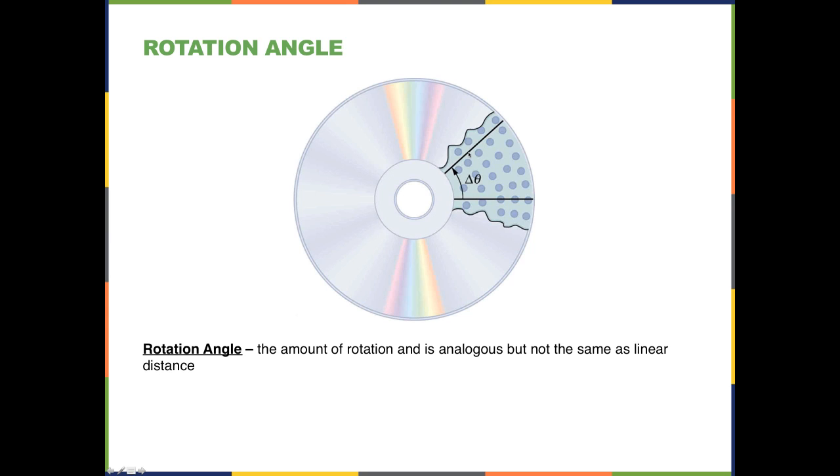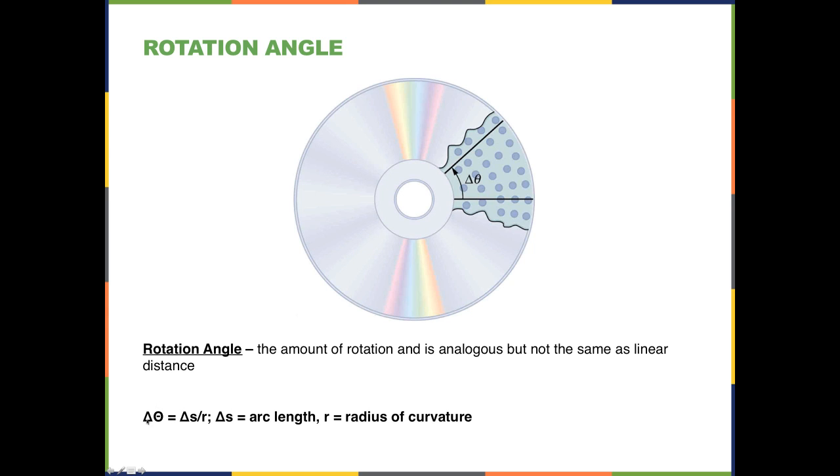And so it is the amount of angle that is subtended or moved as one moves around the circumference here. So this rotational angle, delta theta, is this amount of movement. It is analogous to displacement, but it is not the same.